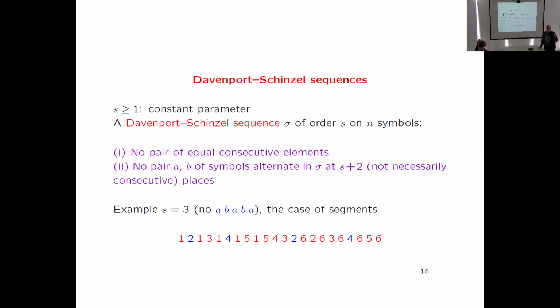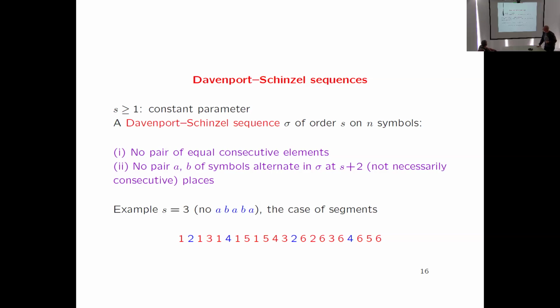If you want to write 1, 1, you have to write something in between. And the other more interesting condition is there is no pair of symbols, a and b, that appear in the sequence in alternating fashion s plus 2 times, not necessarily consecutively. So you cannot have an a, followed later by a b, an a, and a b, and so on, s plus 2 times. Then it's a sequence of order s.